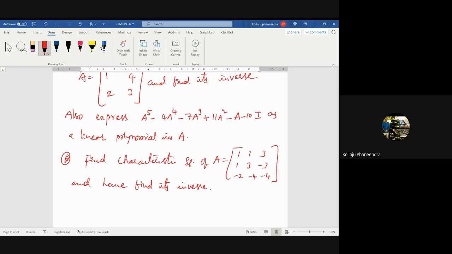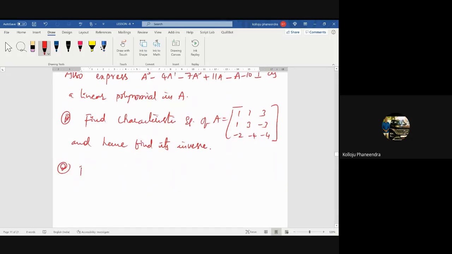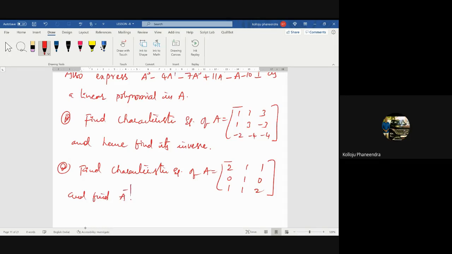Next one. Same: find a characteristic equation of A equal to [2, 1, 1; 0, 1, 0; 1, 1, 2], and find A inverse.